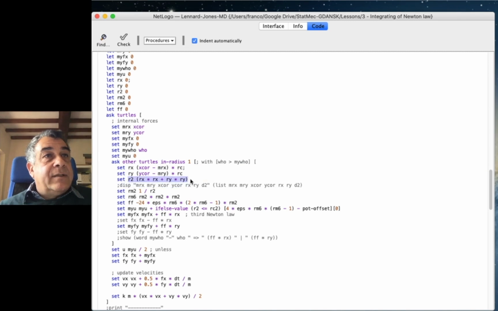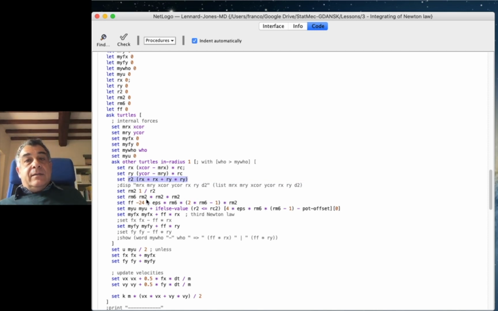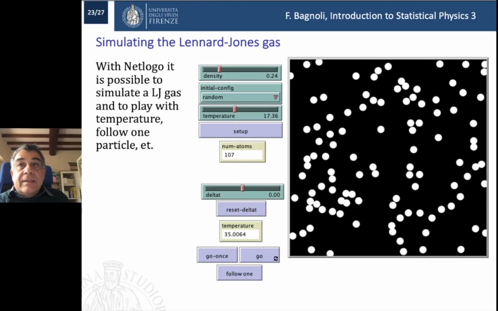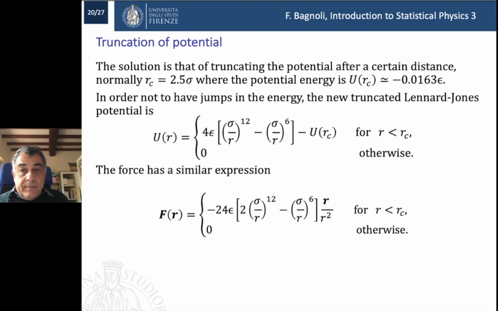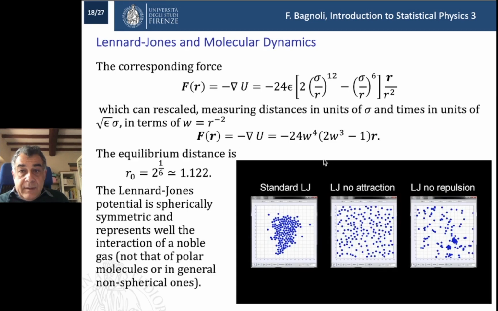This is the square of the distance, because I've seen that I can compute the potential in terms of the rescaled distance to the power -2. This is essentially what we have seen as W in the previous slide. This W here is Rm2 in this code.